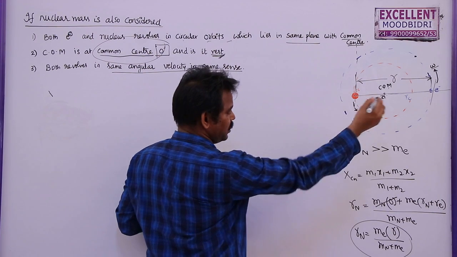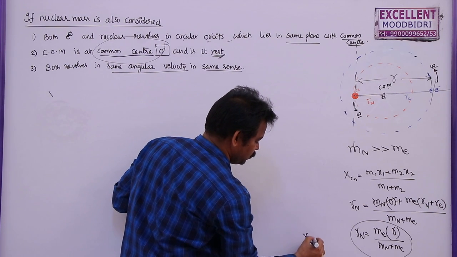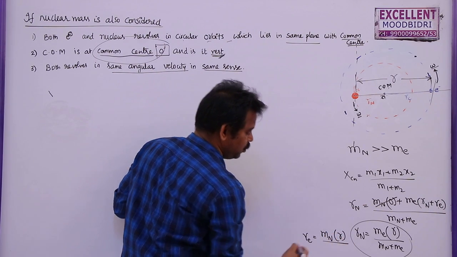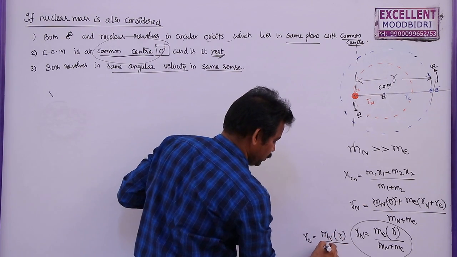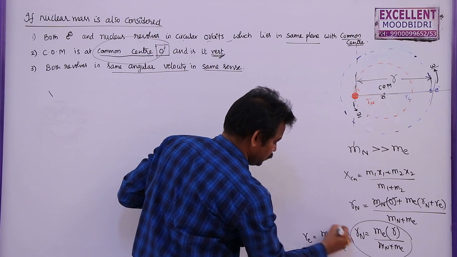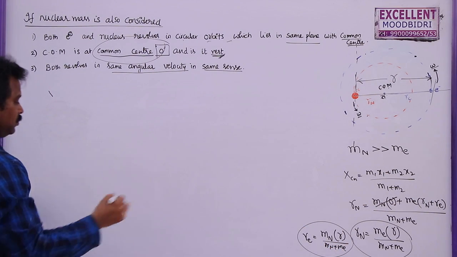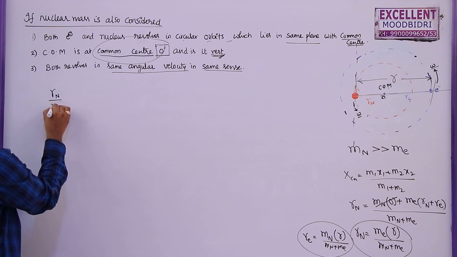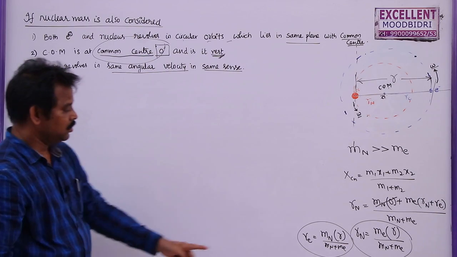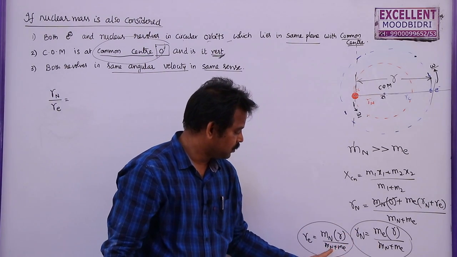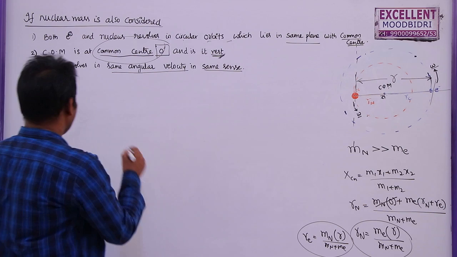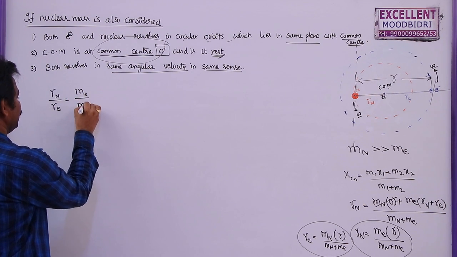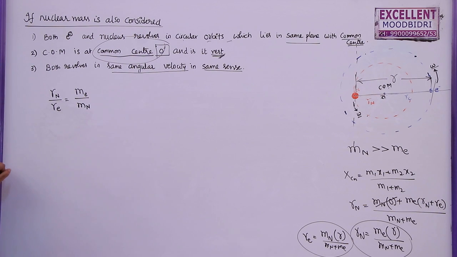Similarly, what is the radius of the electron orbit? This is given by mass of nucleus into the distance between the nucleus and electron, by Mn plus Me. Now we can write the ratio of the radius of the nucleus to the radius of the electron orbit: as the denominators and R get cancelled, it is mass of electron by mass of nucleus.